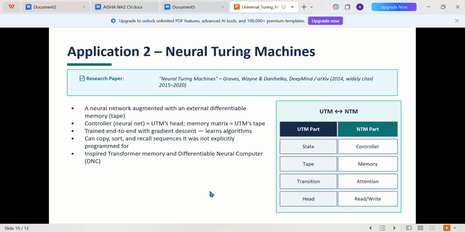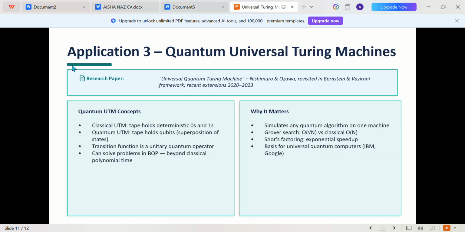So this comes here. And then application number 3 is quantum universal Turing machines, which was written from 2020 to 2023. This particular research paper talks about the combination of quantum physics and the Turing machine.